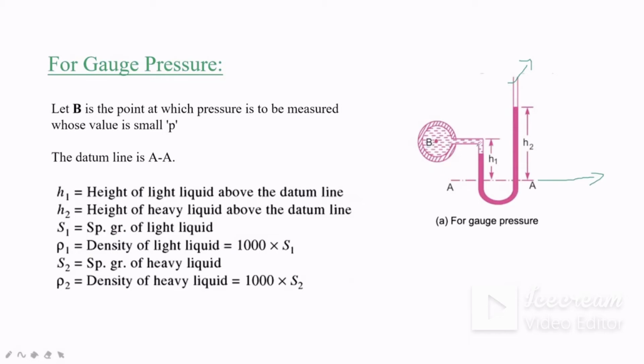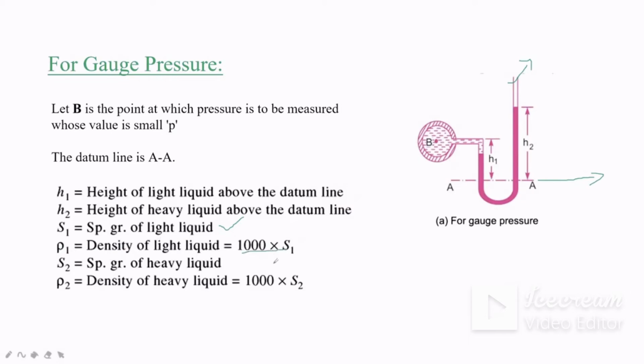We have two types of liquids, so we will get two types of properties to define. S1 is the specific gravity of the light liquid, so we keep ρ1 as the density of the liquid, which is 1000 into S1.